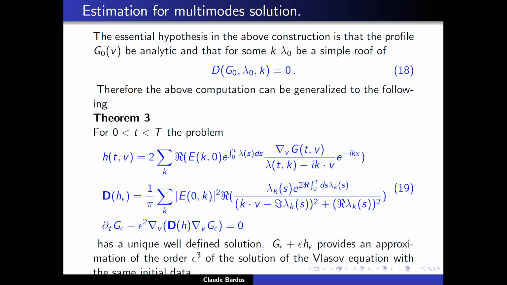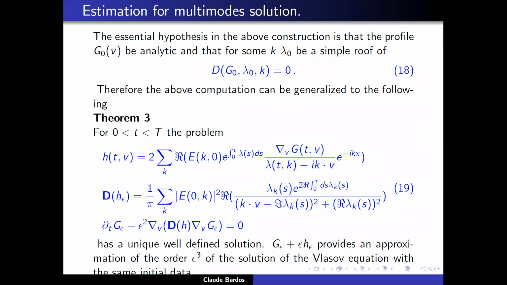Now, that says the following thing, written in this theorem, where I have combined the positive lambda k and the conjugate of lambda minus k as the following formula. I call h of t of v equals this formula, which gives the perturbation, h of epsilon equals this equation, and the observation is that this construction provides an approximation of the order epsilon 3 of the profile instead of the epsilon square, which was here.